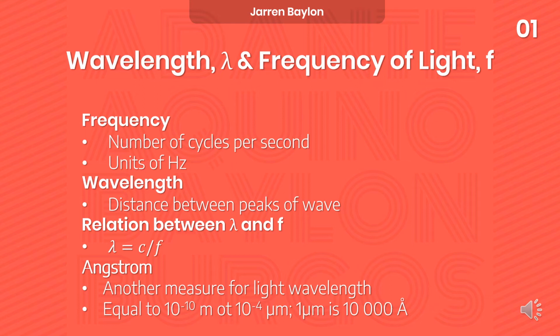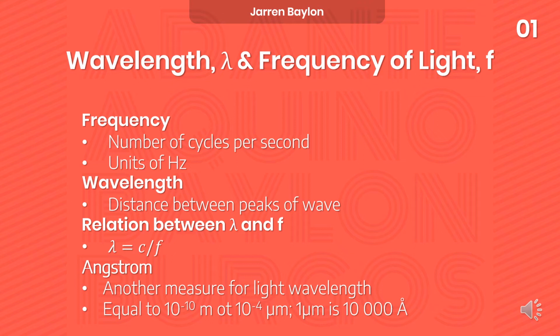Now, we will talk about the wavelength and the frequency of light. So light can be distinguished with its frequency, but light is rarely expressed as frequency. Instead, it is often expressed in terms of wavelength. So to give you a brief definition, frequency is the number of cycles per second and is expressed in the units of hertz.